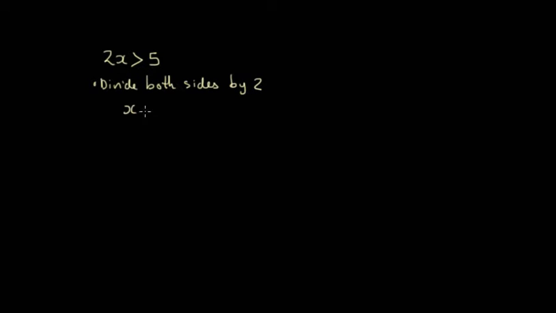So we're going to get x is greater than 2.5. Now 2.5 is not a whole number. So x could be 3. It could be 4. It could be 5, and so on and so forth.